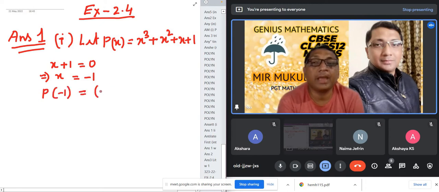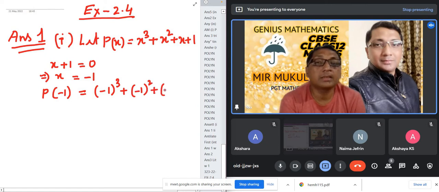In place of x you put minus 1: minus 1 cube plus minus 1 square plus minus 1 plus 1. So minus 1 to the power 3 will be minus 1. Minus 1 to the power 2 will be plus 1. Plus minus 1, and here plus 1.